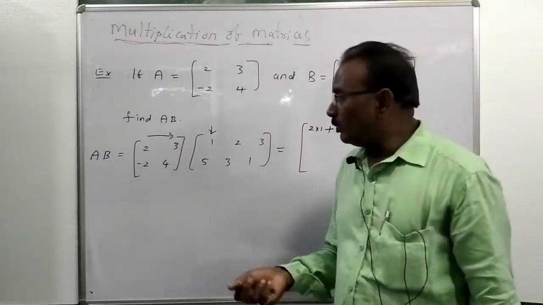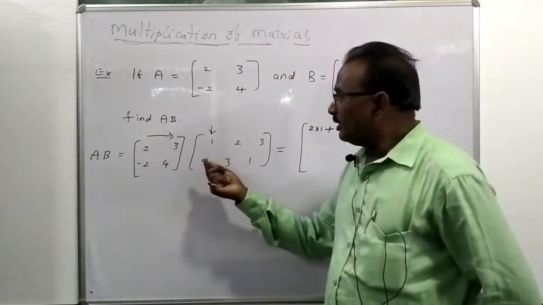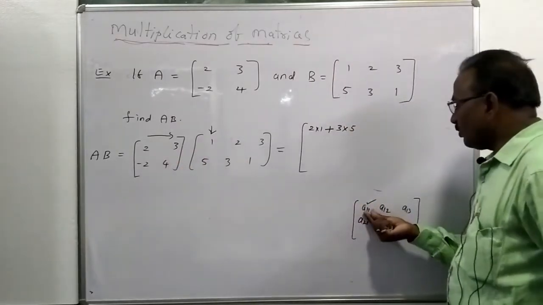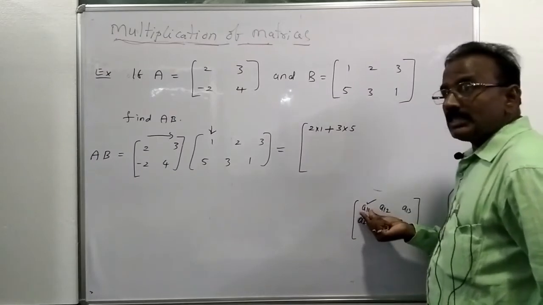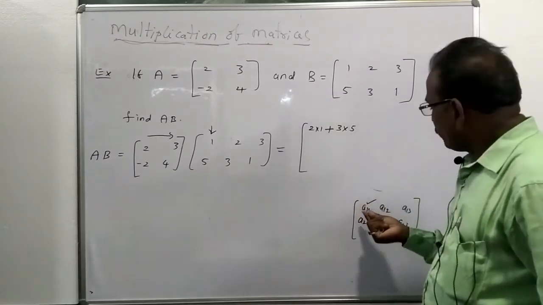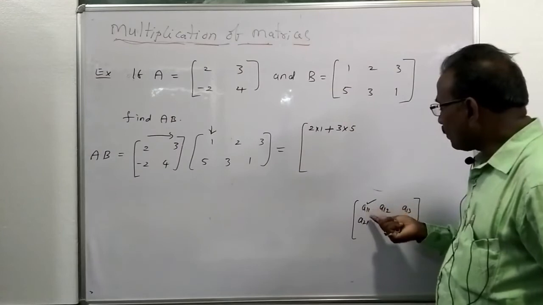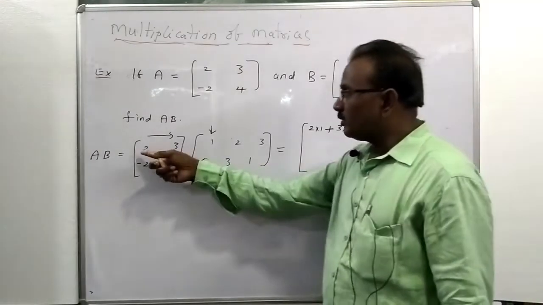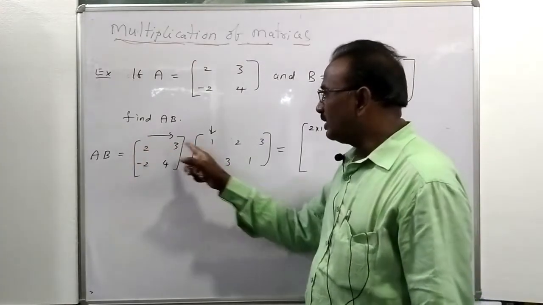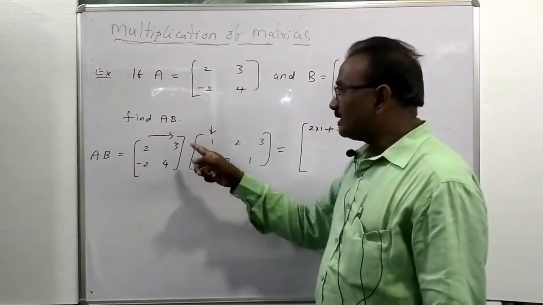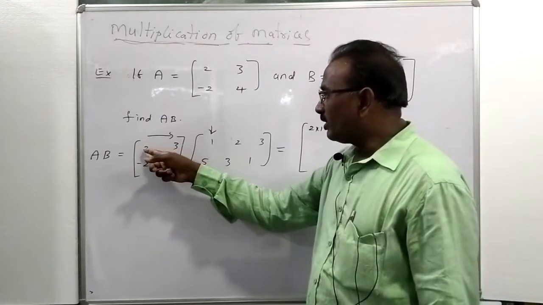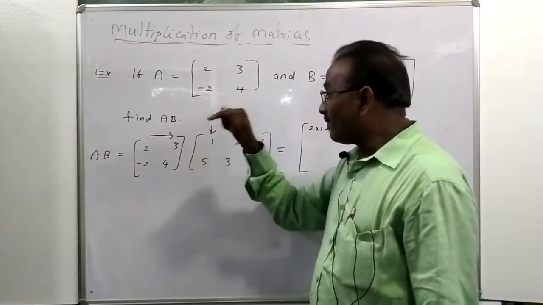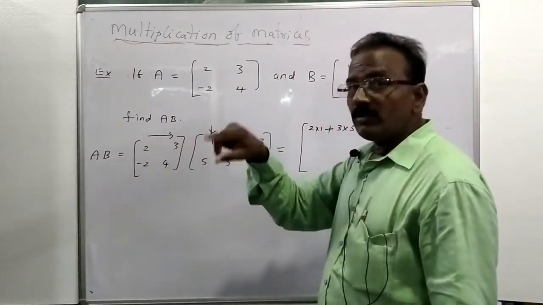So in multiplication, the first element A11 is obtained by the sum of the product of the first row elements with the corresponding first column elements of matrix B. So take the first row in the first matrix and the first column in the second matrix, and take the sum of the products, that means the product of the first elements 2 into 1 plus 3 into 5, that is the first element.